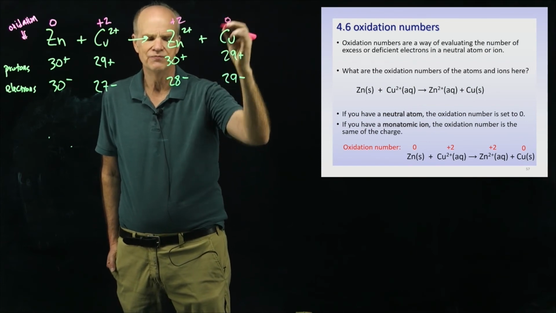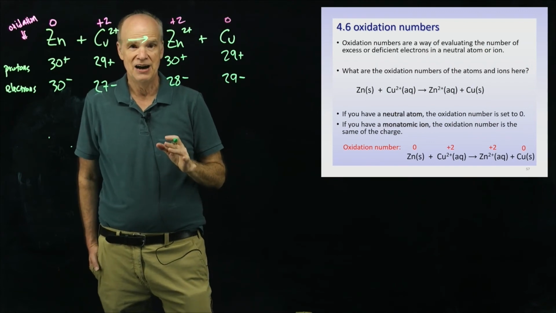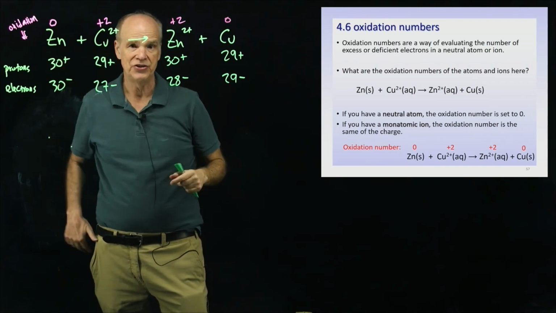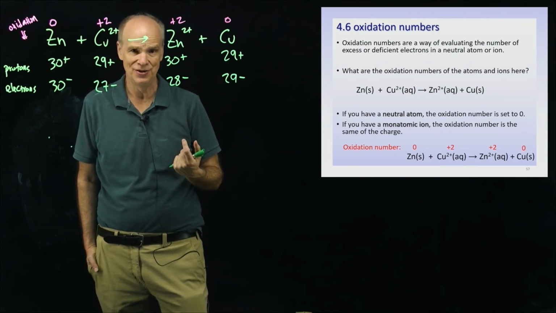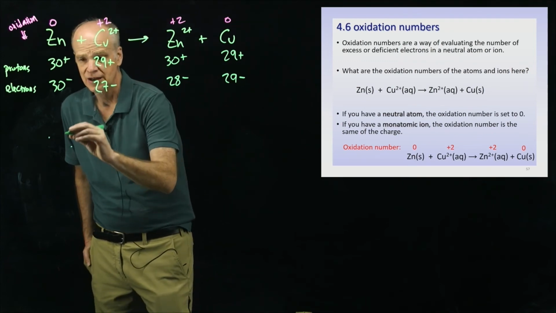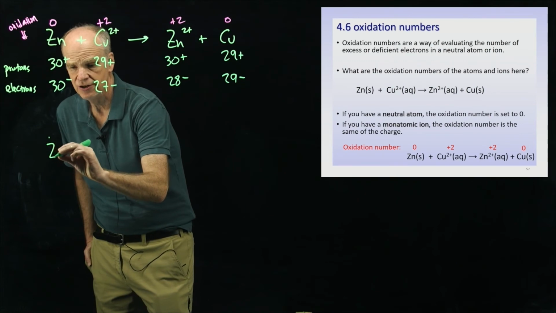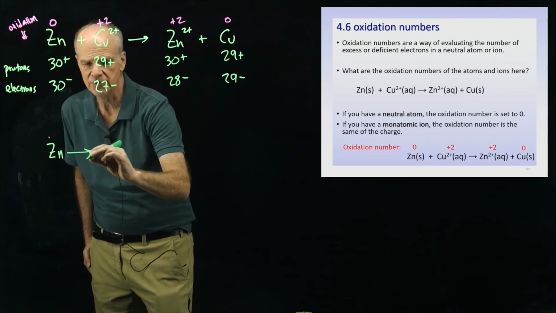It should be 0. Okay, so another way to figure out which of these two reactants is being oxidized is to find the reactant that is getting more positive in oxidation number. So let's go ahead and figure that out. One reaction here is zinc, and it's becoming zinc ion as a product.